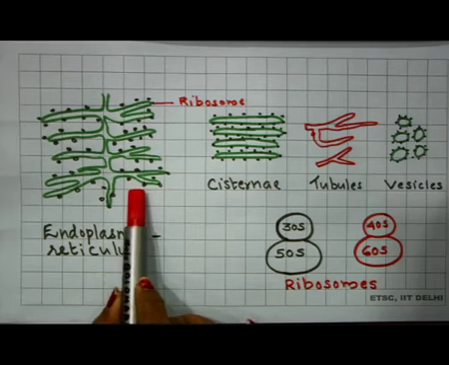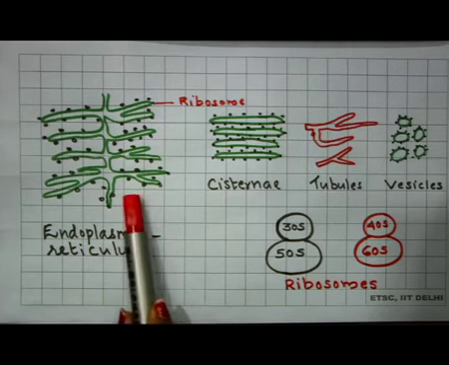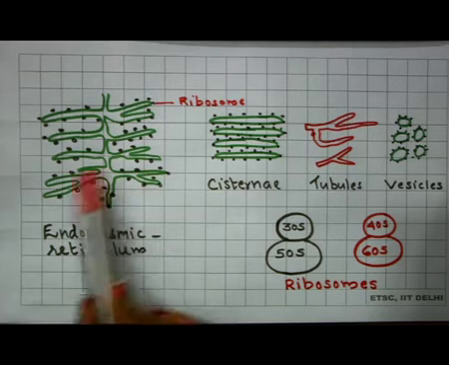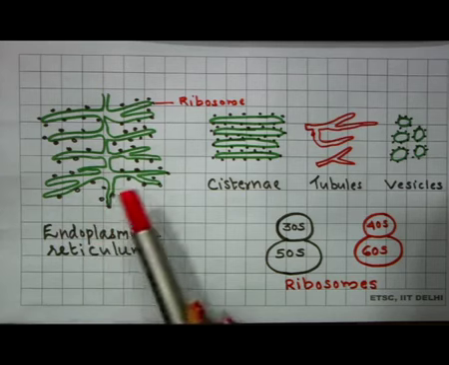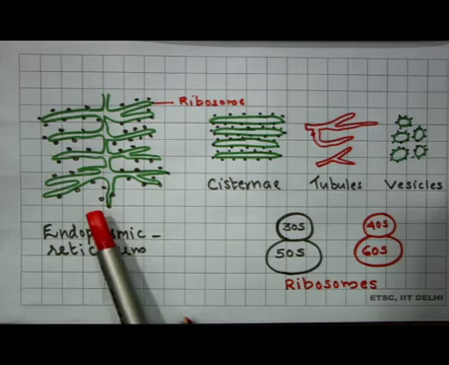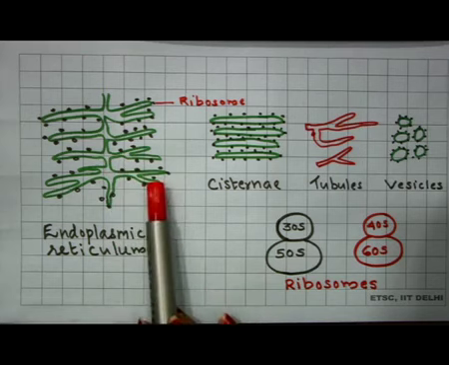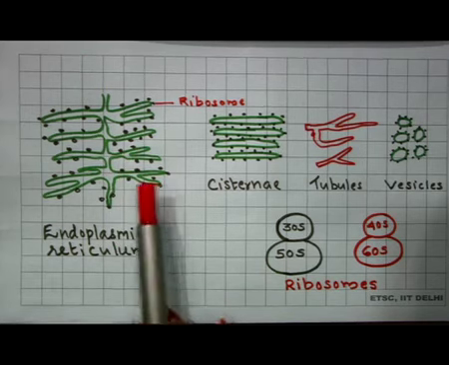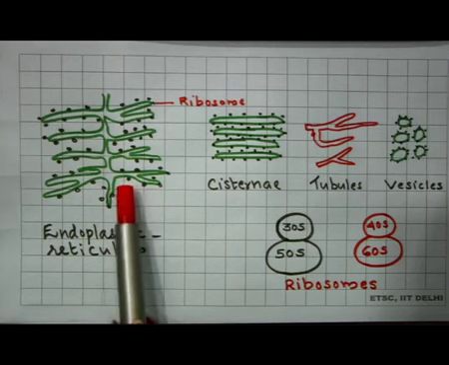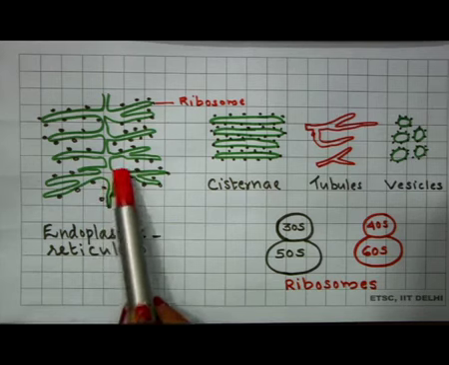The surface of this endoplasmic reticulum is rough in appearance because of the presence of granular spherical structures, the ribosomes. Since the ribosomes are present on its surface, this is a rough endoplasmic reticulum.